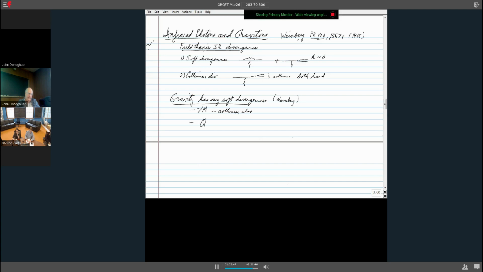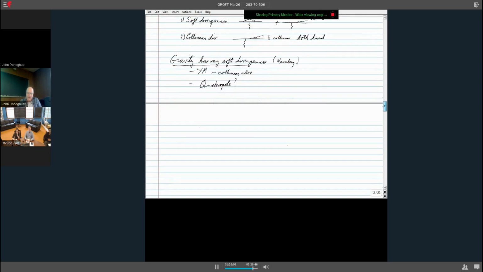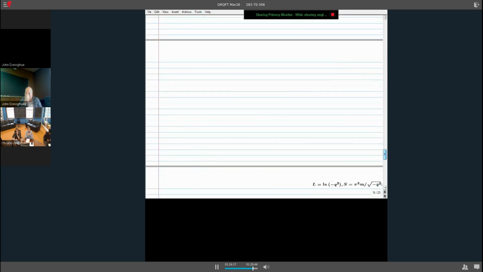If you do other theories like Yang-Mills, QCD has collinear also. And QED would have collinears if the charged particles were massless. You don't see it in the early course because the mass of the electron cuts it off.